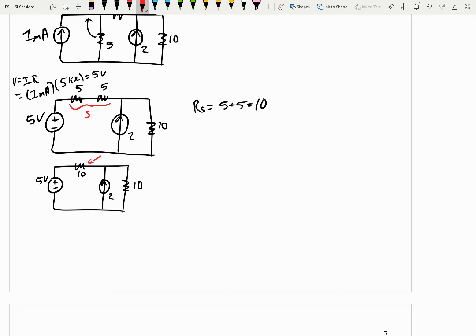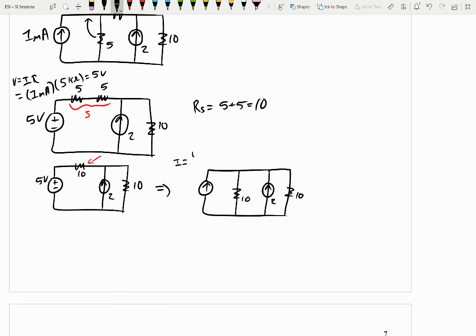But we could turn it into pure parallel by just converting it into the current source. 10, 2, and then pulling that 10 down. This current source, I, is equal to V over R, 5 volts over 10 kilo ohms, 0.5 milliamps. So 0.5 milliamps.